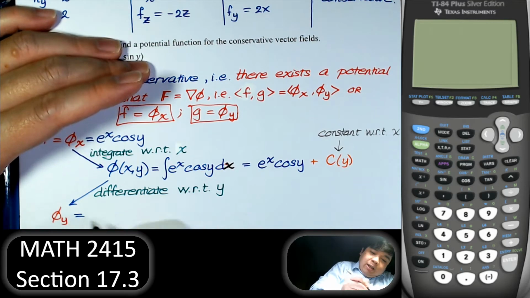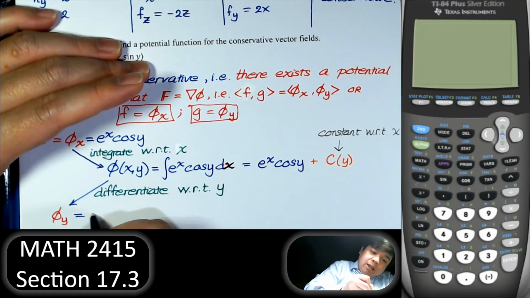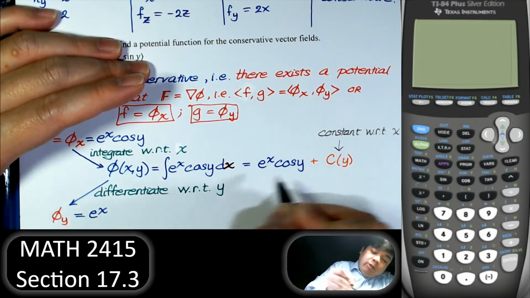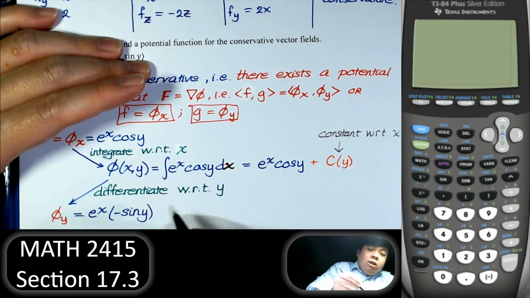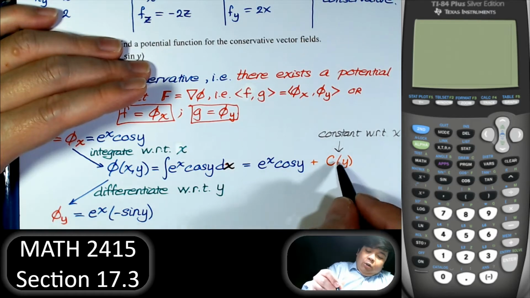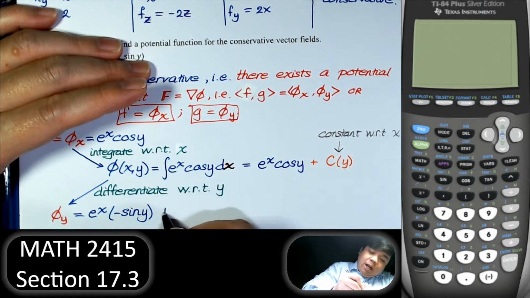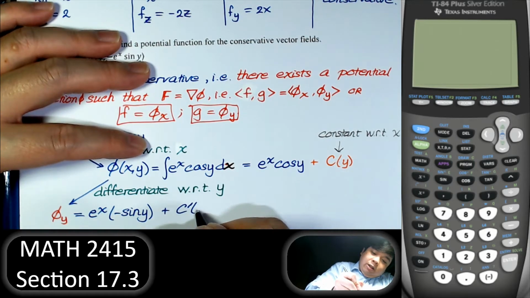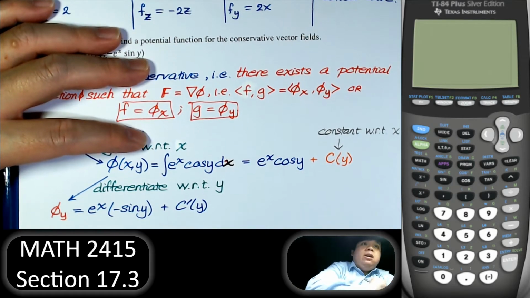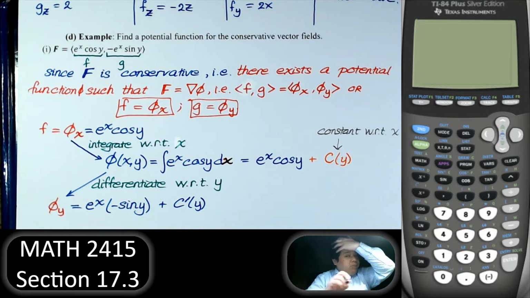Derivative of that is, e to x is constant. Derivative of cosine y is negative sine y. And then the derivative of this constant, with respect to y, is going to be the derivative of c with respect to y.